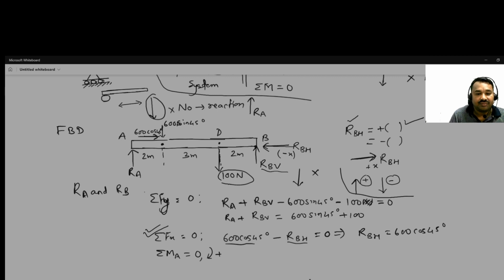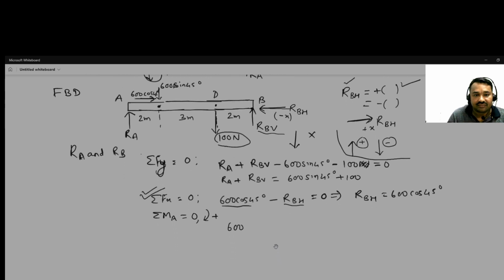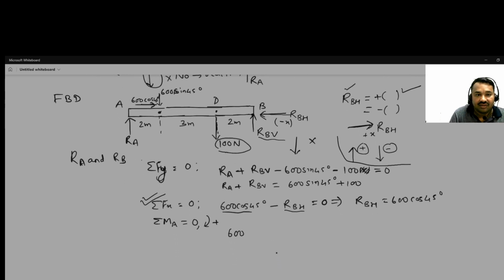Okay, and the moment is about A. So what about this one, and 600 sine 45, we are talking about this one. If you see the beam, and then we have to multiply the distance and how it is acting.